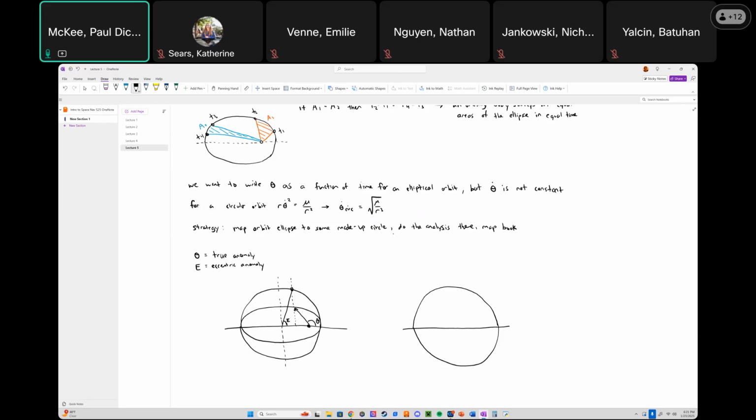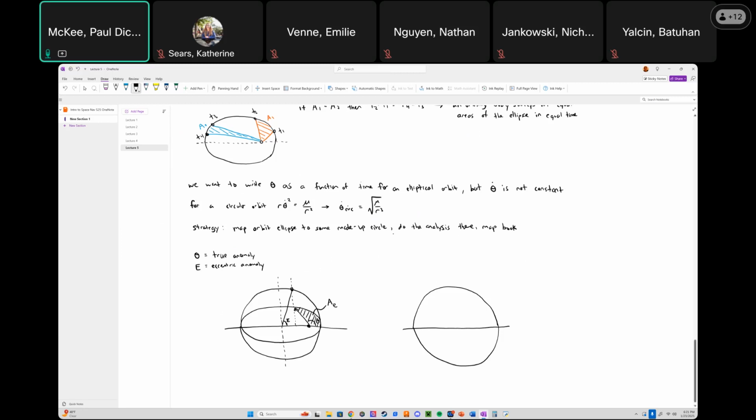So now this area that has been swept out, yep, we're thinking about sweeping out equal areas in equal time. We're going to call this area, well, it's actually equal to A, we're going to call it AE. This is the eccentric area. Okay.